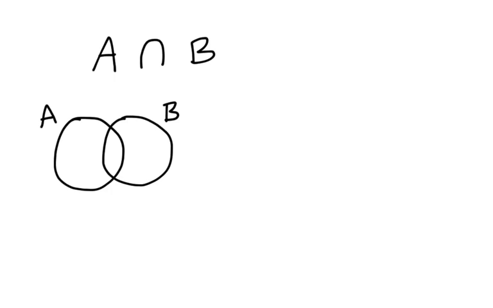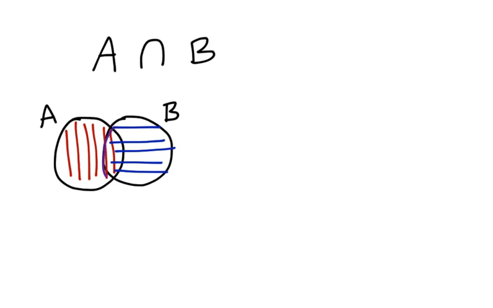And I want to know where does A intersect B. So I'm going to shade set A, and I'm going to shade it this way. There's set A. Then I'm also going to shade set B. And now what this is asking me for is the intersection, or the overlap, of the shading that I just created. Well, if I look at my picture here, where do those two sets overlap?